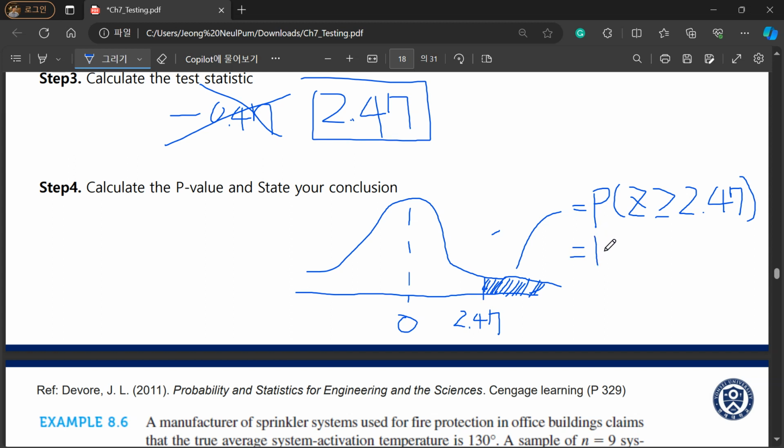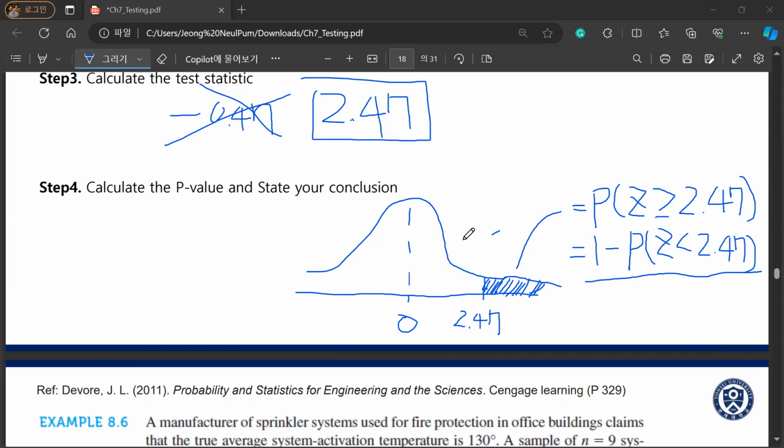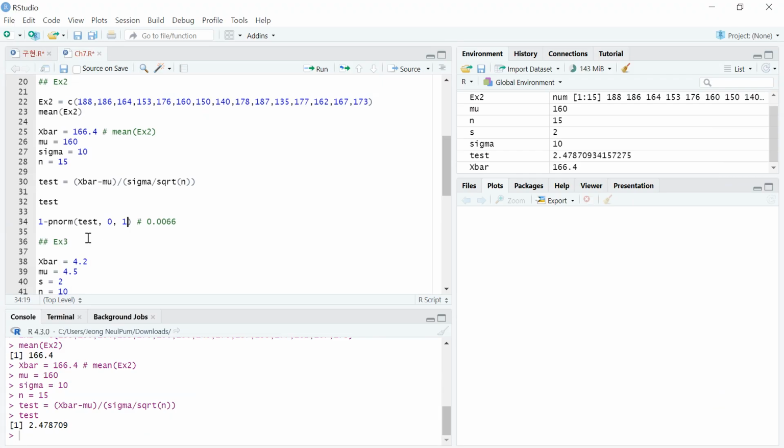It is the same as 1 minus the probability that our z variable is less than 2.47. From now on, we can use the formula with the pnorm function and with the lower tail option as true, which is the default value.